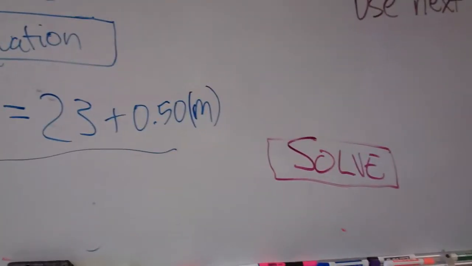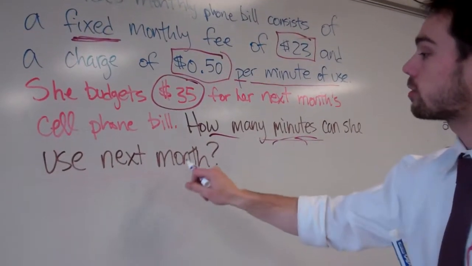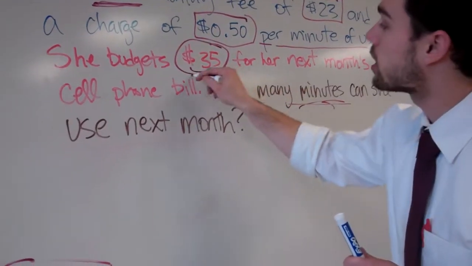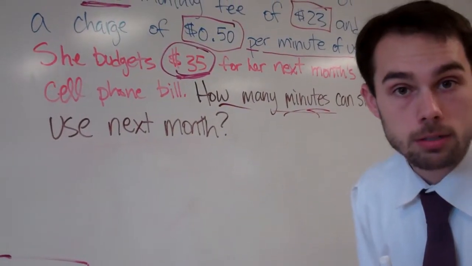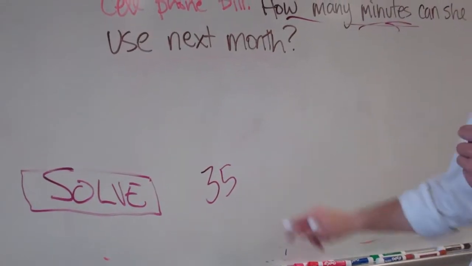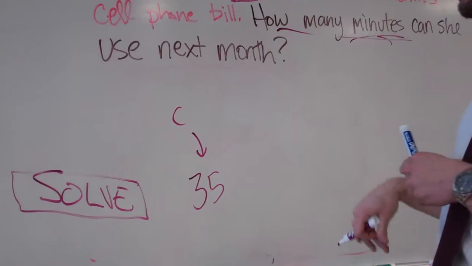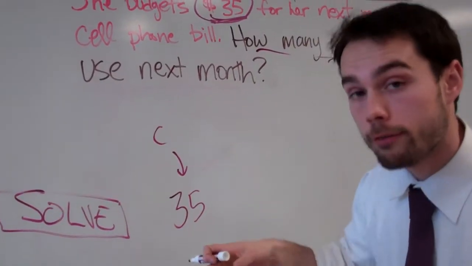And for the solution, we need to figure out how many minutes she can use next month if she's budgeting 35 bucks. If she's got 35 bucks in her pocket, that's going to be the total amount of cost that she wants to spend. She wants her bill to cost at most $35.